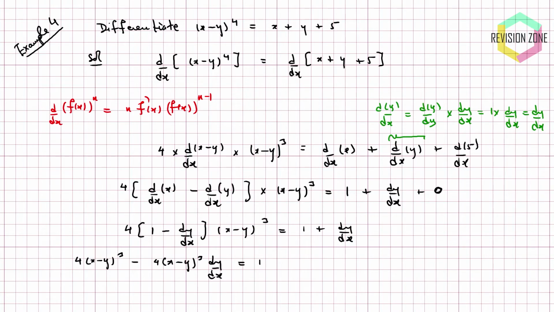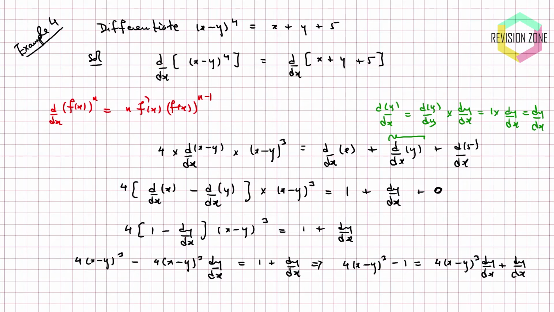It's just 1 plus dy/dx. And then I can rearrange to say I want to take all this to the right-hand side and bring that 1 to the left-hand side. So I'm going to say 4(x − y)³ take away 1 is equal to 4(x − y)³ dy/dx add dy/dx. And then I can factorize out the right-hand side.